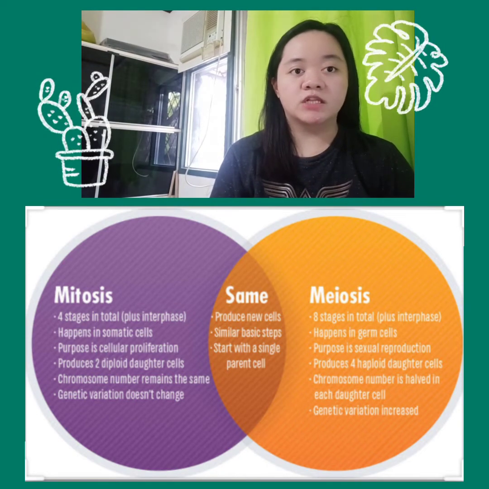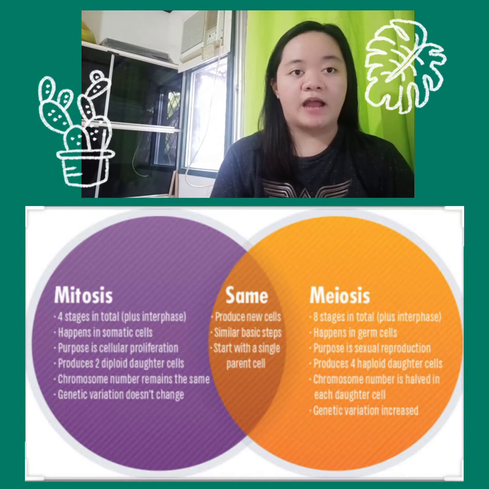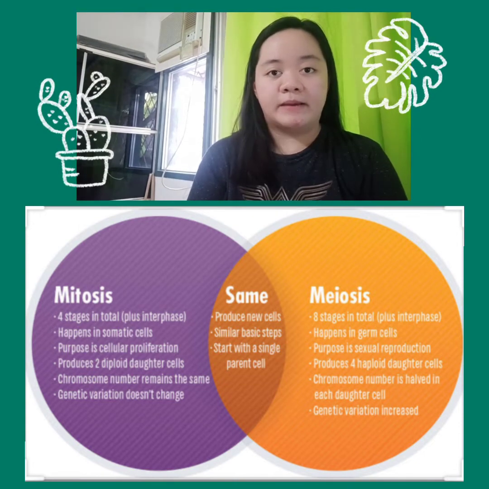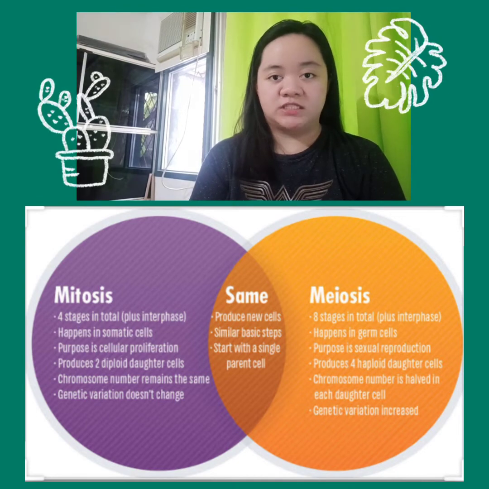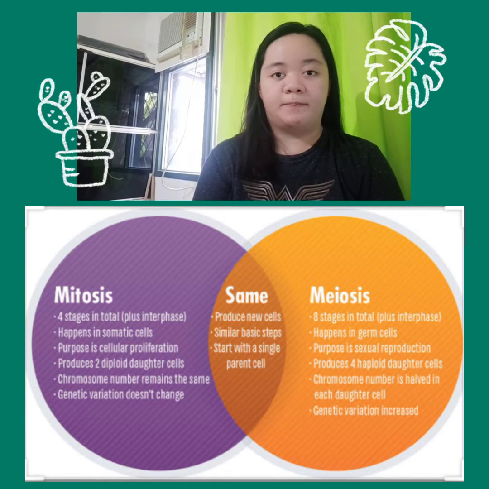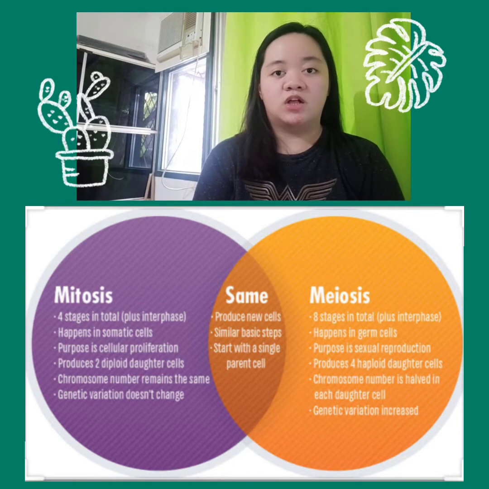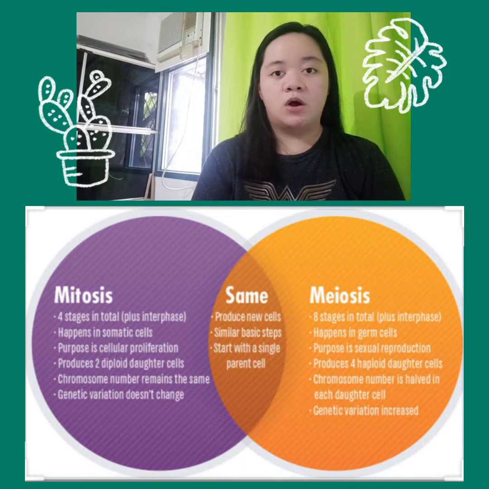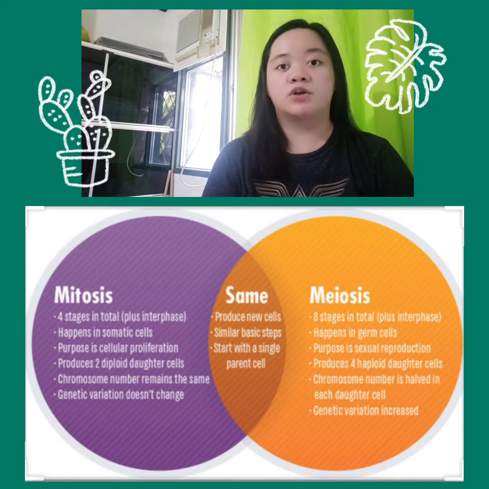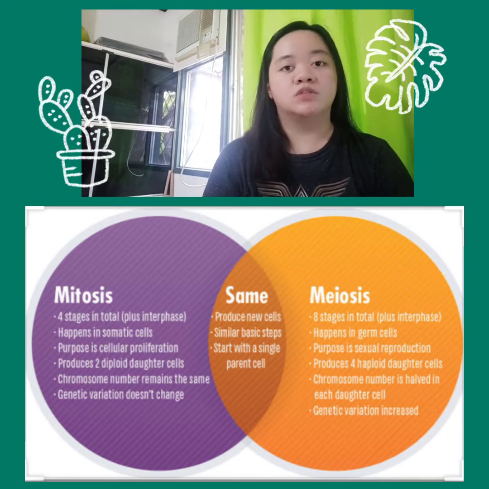Fourth is the resulting number of daughter cells and how many chromosomes each daughter cell has. In mitosis, a parent cell, which is a diploid cell, divides once and results to 2 identical daughter cells which are also diploid. Each daughter cell contains 46 chromosomes or 23 pairs. In meiosis, the gamete divides twice, undergoing meiosis 1 and meiosis 2.